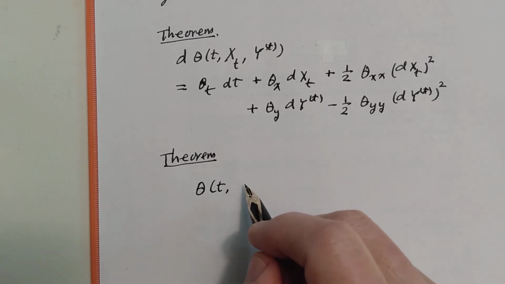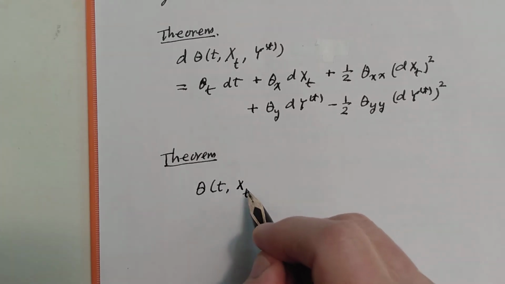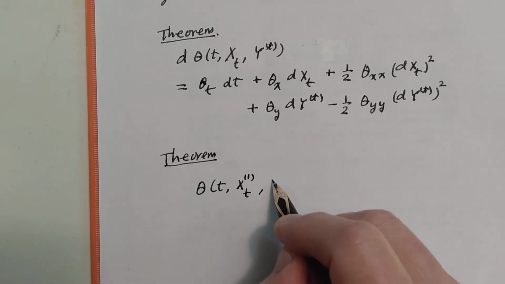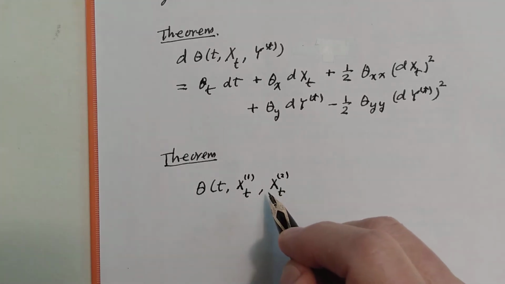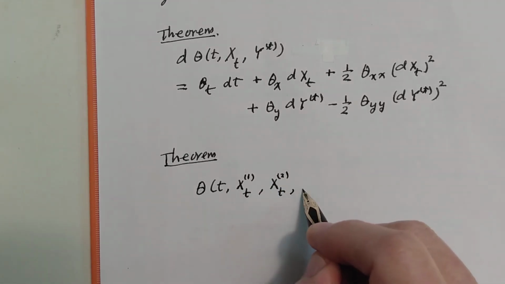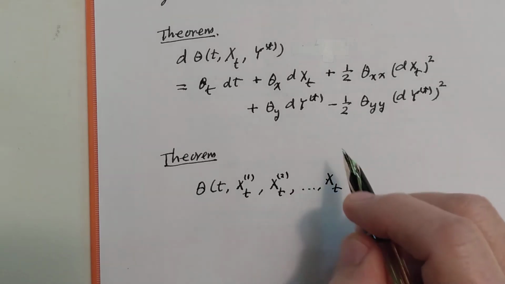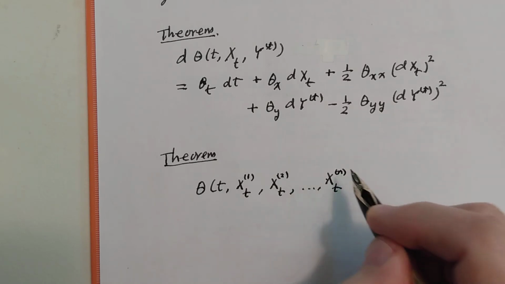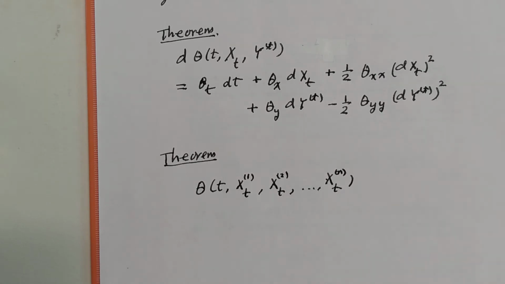Namely, there are several Ito processes: x sub t, the first one I put sub 1 here, and the second one, x sub t 2. This is the second Ito process. And x sub t, say we have n of them.